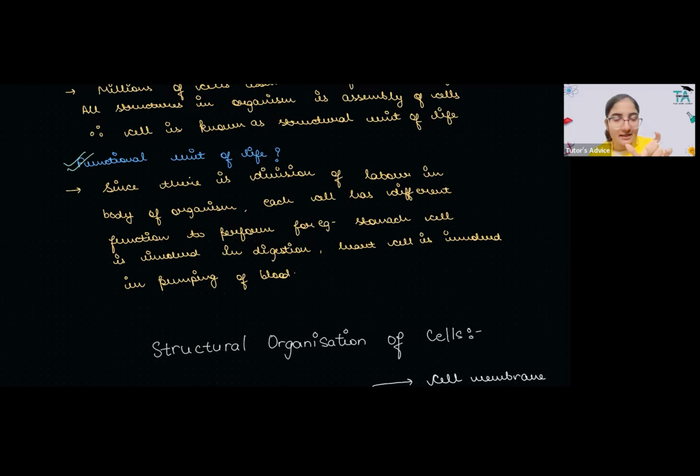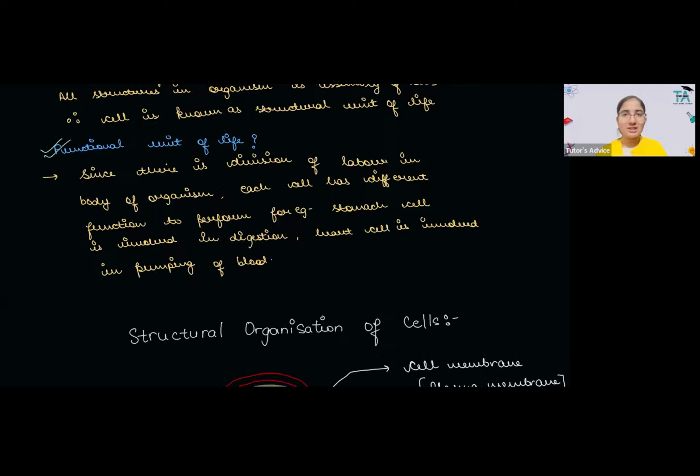If a cell is not performing a function, then how will a tissue perform a function? Think about it, because a tissue is ultimately a group of cells only. So if a cell is failing at performing its function, then the tissue as a whole cannot do anything. It is just like if a brick stops being so strong, it just breaks down.